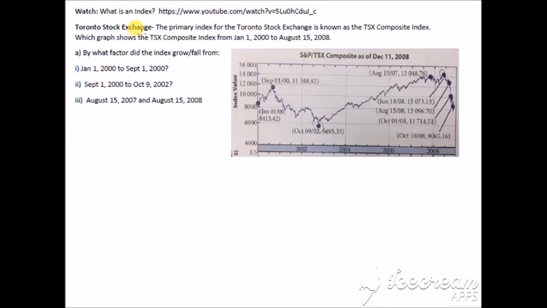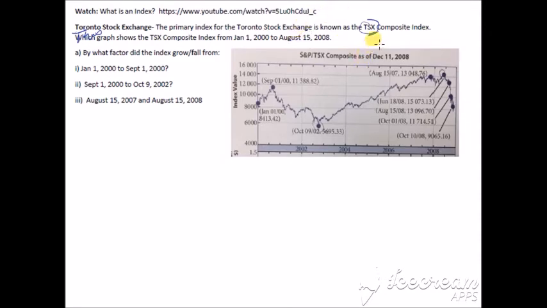So go ahead and watch What is an Index on YouTube, and we're going to talk about the Toronto Stock Exchange. The primary index for the Toronto Stock Exchange is known as the TSX Composite Index, usually just referred to as the TSX. This graph shows the TSX Composite Index from January 1st, 2000 to August 15th, 2008.